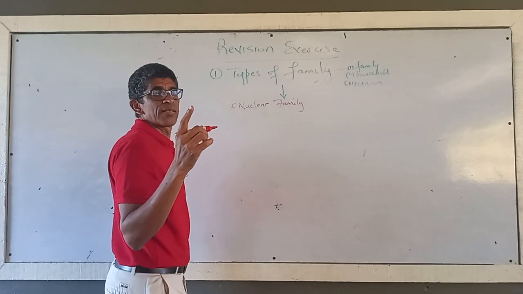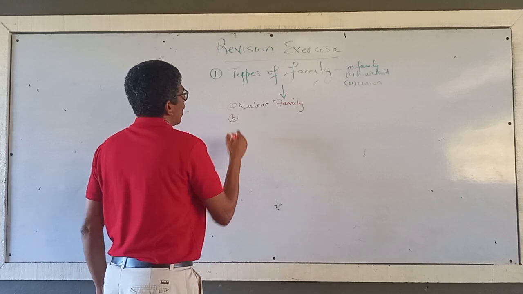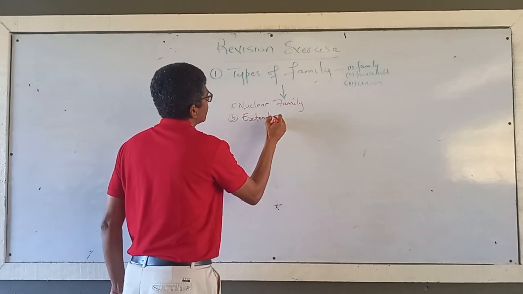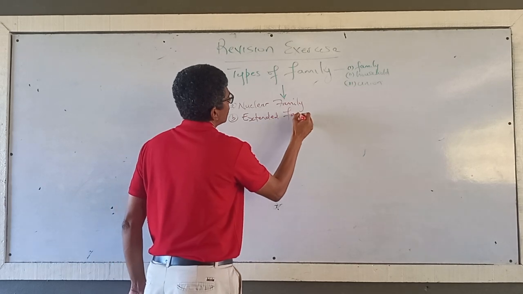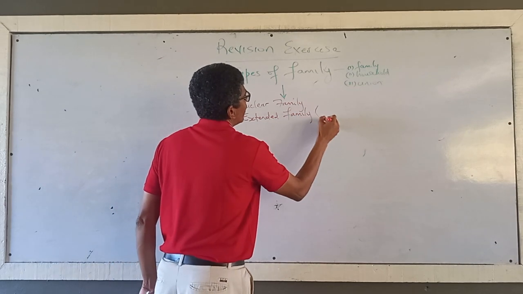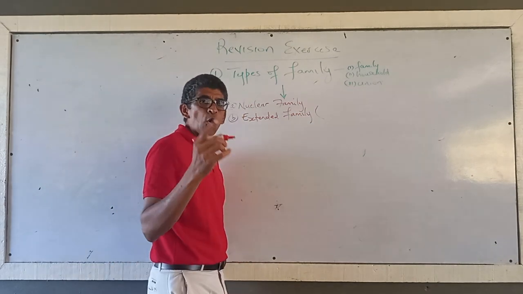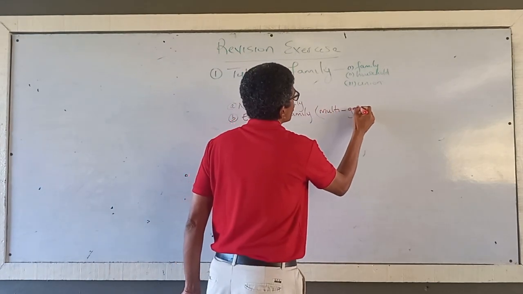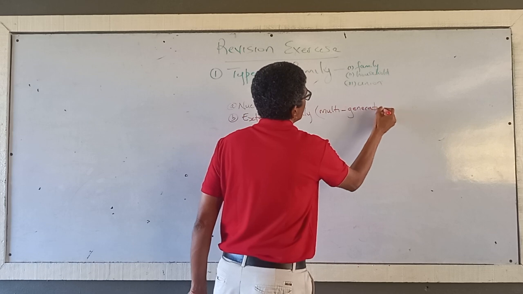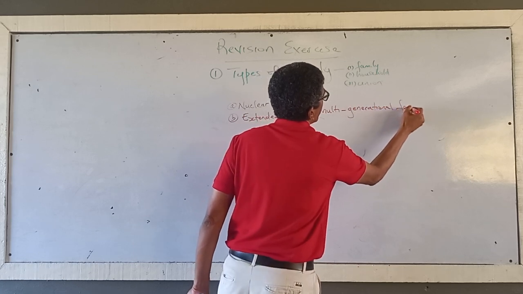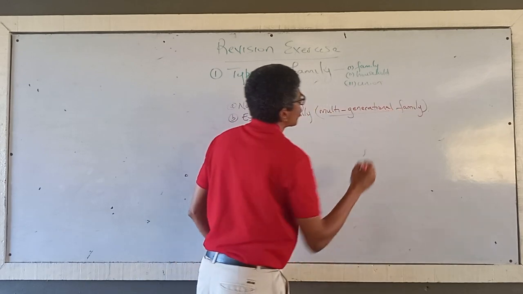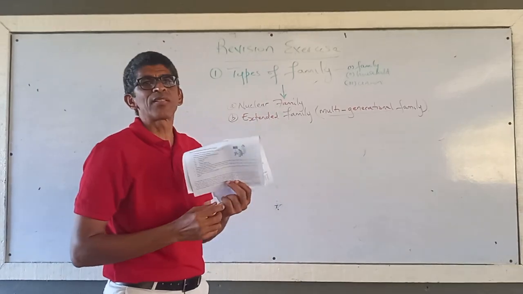Alright? Number B, another type of family, would be the extended family. And this type of family is also called the multi-generational family. Right? And this term, multi-generation, should basically tell you why it is called that way.